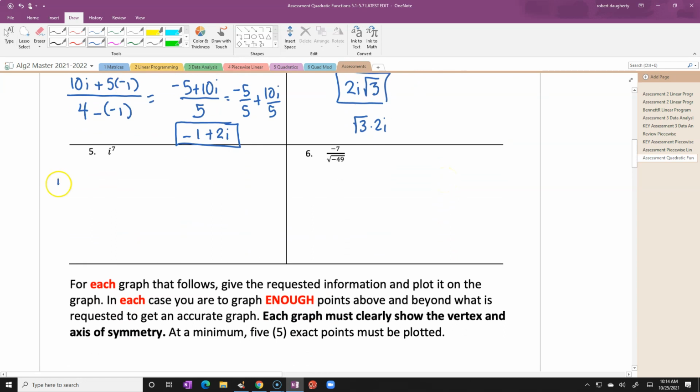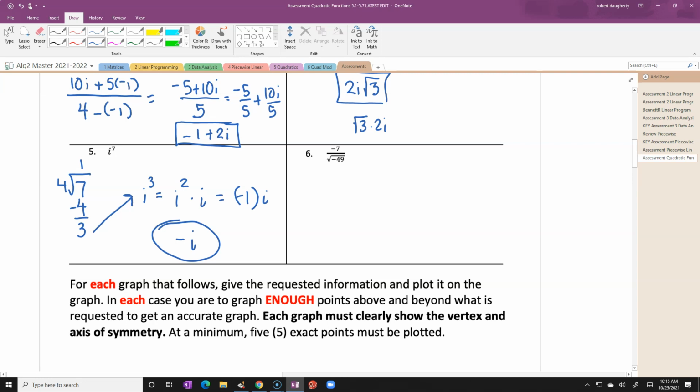The way we do this is we divide 4 into 7. We'll go in there one time. The remainder is 3. So this answer is i cubed, which is i squared times i, which is negative 1 times i, which is just negative i.